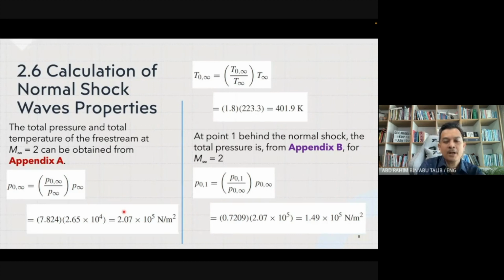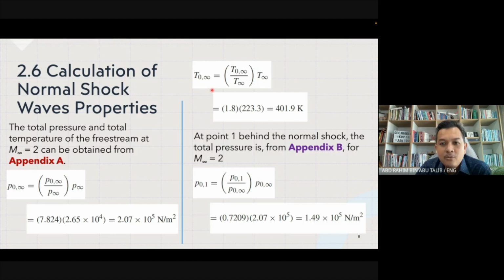I'm going to go back and forth throughout our example so that you know exactly where the numbers come from. Putting in the pressure of 2.65 times 10 to the power 4 Newton per square meter, you obtain P0 free stream to be 2.07 times 10 to the power 5 Newton per square meter.